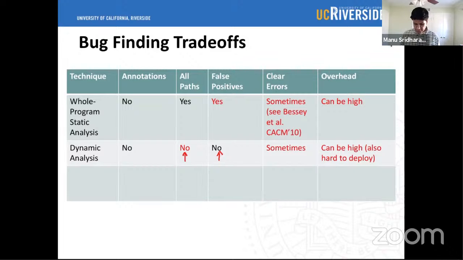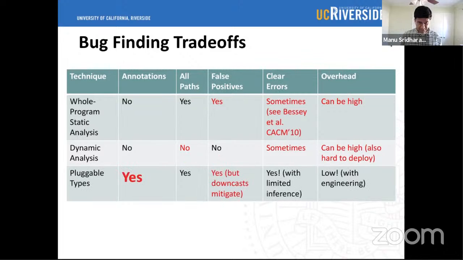And overhead can also still be high, depending on what kind of analysis you're doing. And dynamic analysis can often suffer from difficulty in deployment. If you're trying to test a system in a production configuration, you're going to have to find a way to get your instrumented code or your monitor running in that system. And often in practice, this can be challenging.